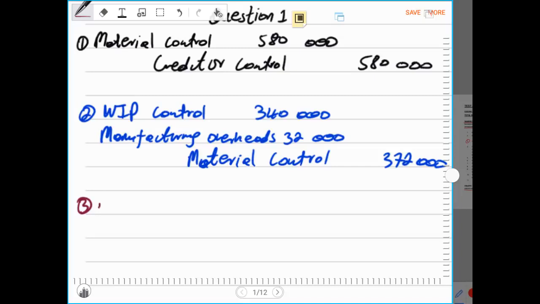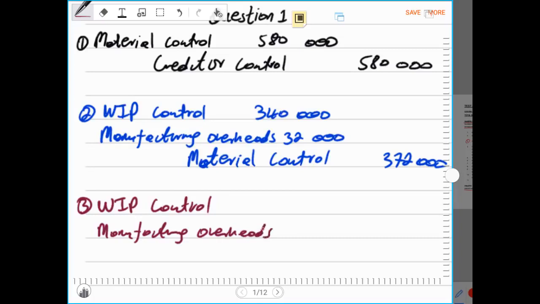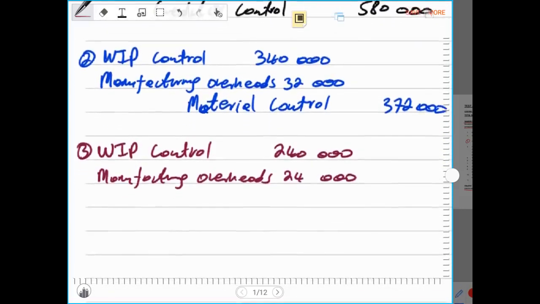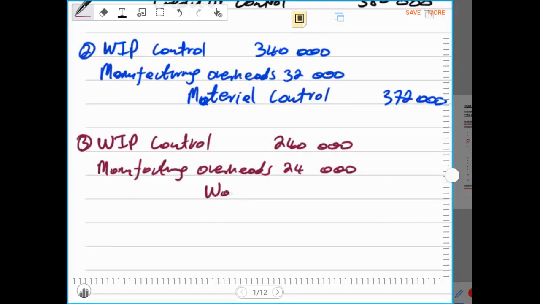As I said, this has to go to work in process control, and this has to go to manufacturing overheads because it is an indirect cost. That is the total of 240,000 rands for the direct wage, and 24,000 rands for the manufacturing overheads. And the total of that will go to wage control.